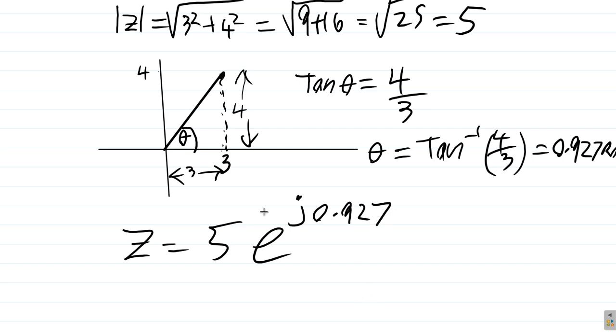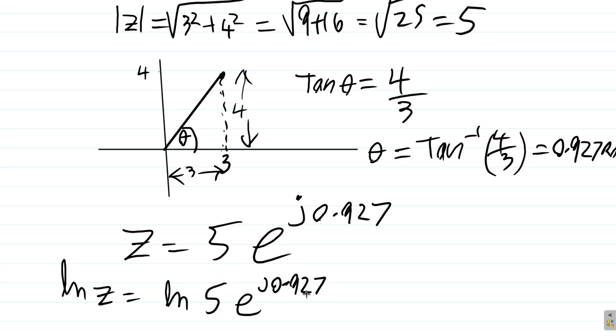Now, the natural logarithm of z is equal to the natural logarithm of 5e to the j 0.927. Now, what is this equal to? Remember, when you find one number times the other number, then you log that, the answer is the same as the log of one number plus the log of the other number.